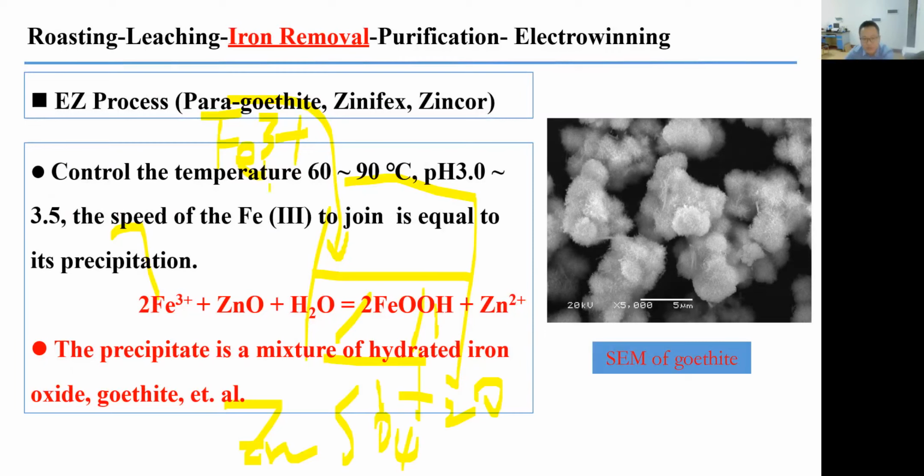When we are pulling this solution that contains some amount of ferric ion, we are making some blending or mixture. The adding speed of ferric ion equals the settling speed or precipitation speed of goethite, and we are making this process.